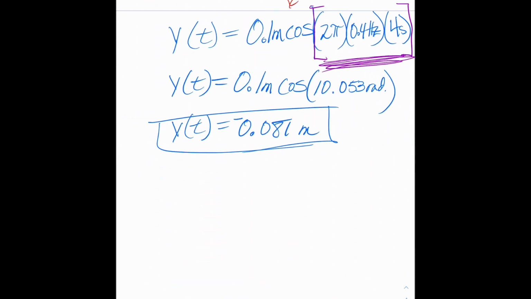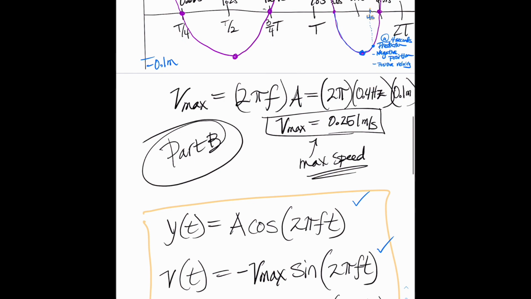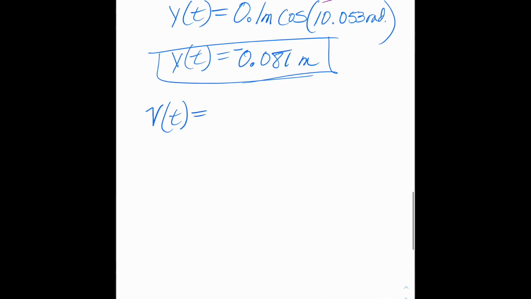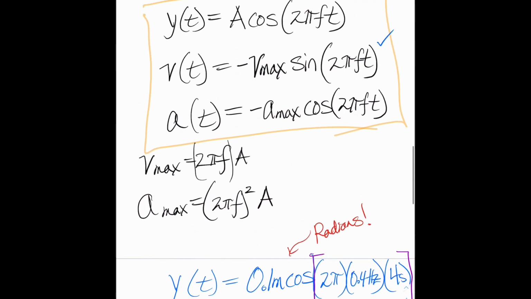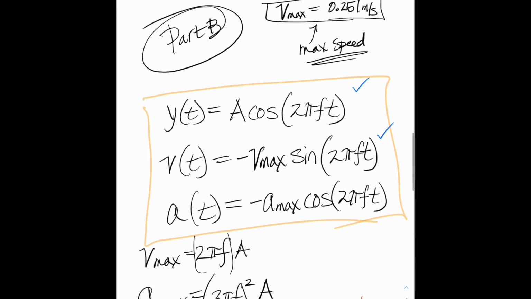All right, and then finally we'll do our v of t. And this is going to equal our Vmax. I think we found Vmax already, right? Yeah, 0.251 meters per second. And we're going to multiply that, according to this equation right here, by the sine of 2 pi ft.